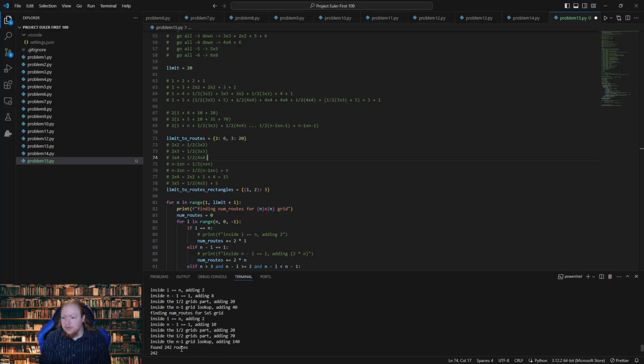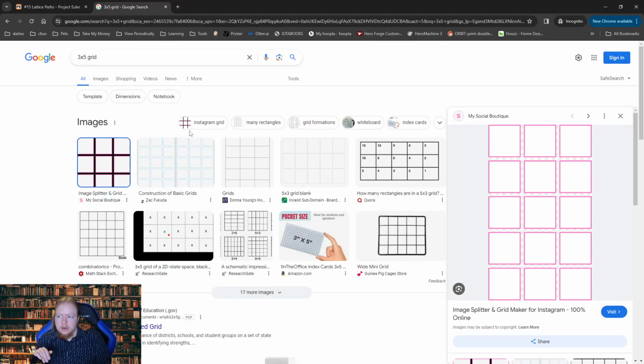I think for 5 by 5 we may not have found the correct answer, so we don't actually know for sure. But this looks correct to me. Let's just go look at it.